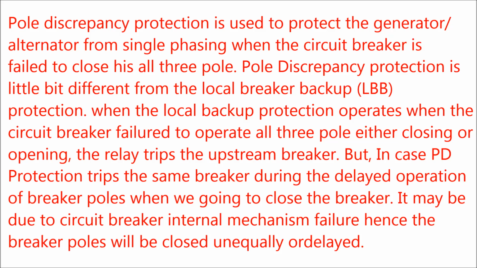When the LBB protection operates, when the circuit breaker fails to trip the three poles simultaneously, the relay trips the upstream breakers, that is all the breakers associated with the bus, and also sends the trip signal to the far end of the said feeder.